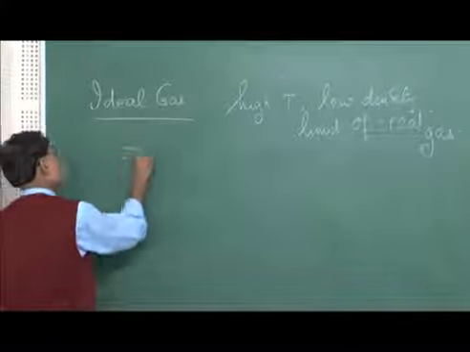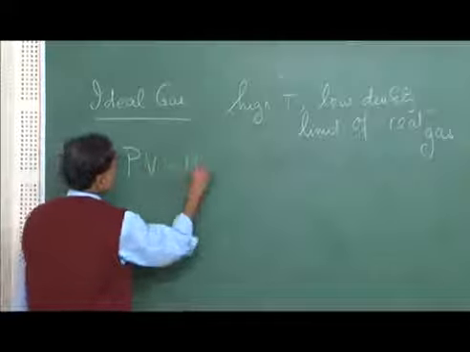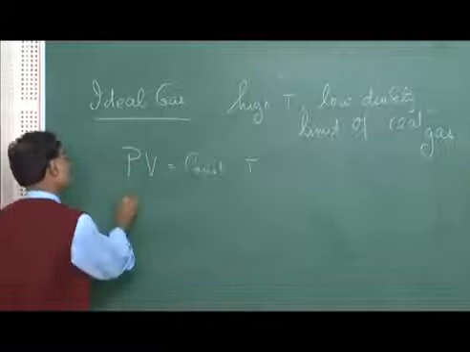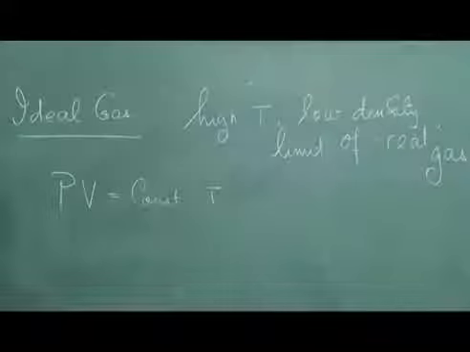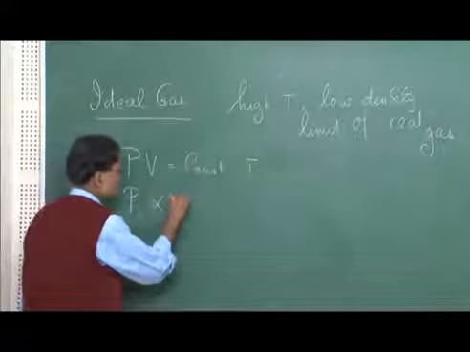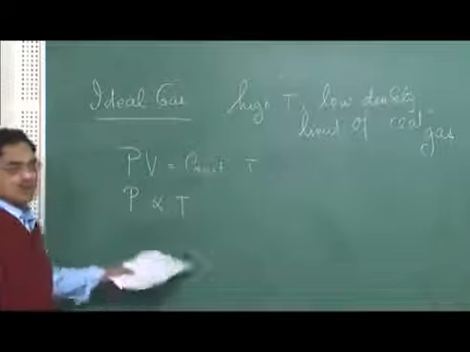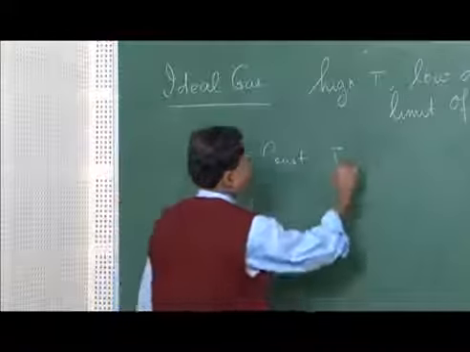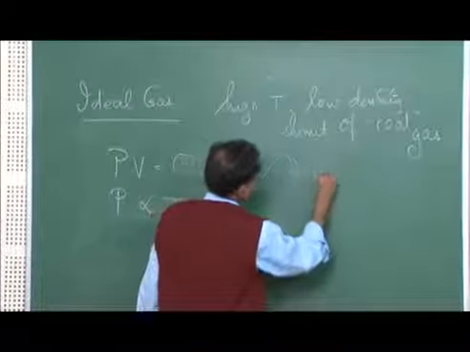Firstly, I talked about Boyle's law, PV is equal to constant given T is constant. Then for a given volume of gas, you can say pressure is proportional to T, which is one form of Charles's law. Okay. This T I defined as the absolute scale.